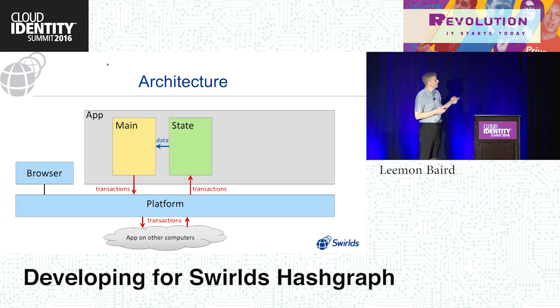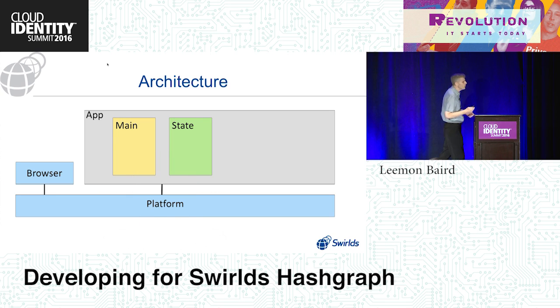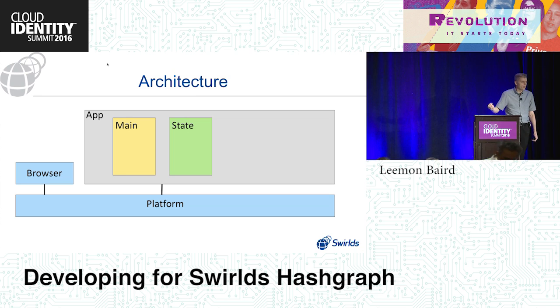And that's the state. The state remembers whatever is in your program that's supposed to be the shared state that we're getting consensus on. So for a distributed session management system, the state is the list of current sessions.